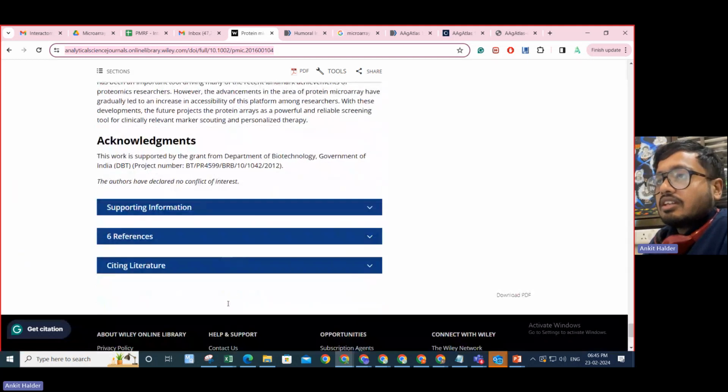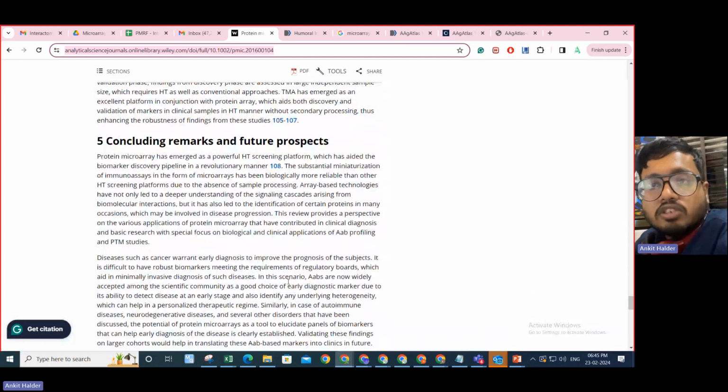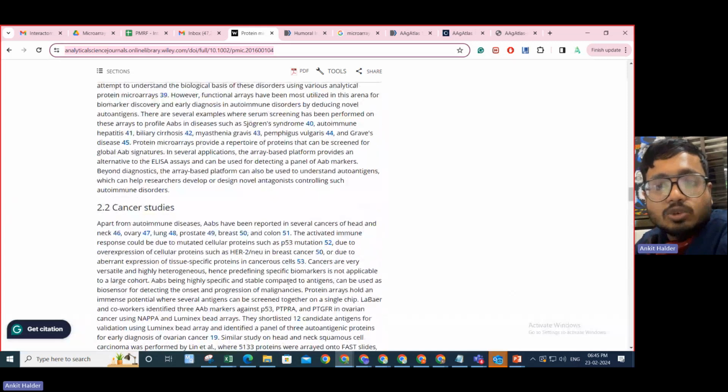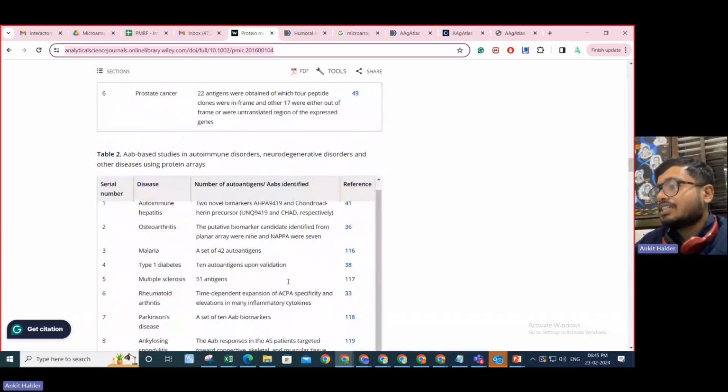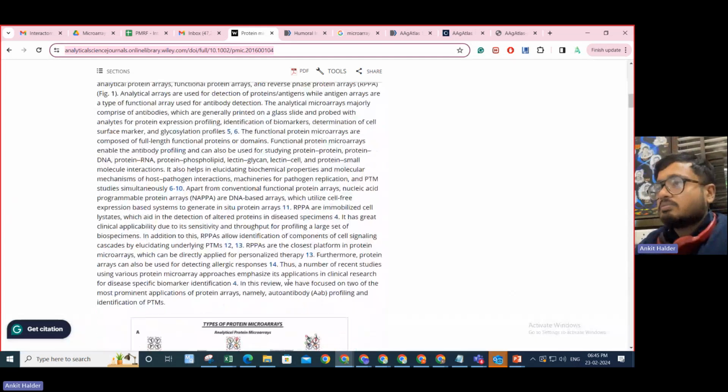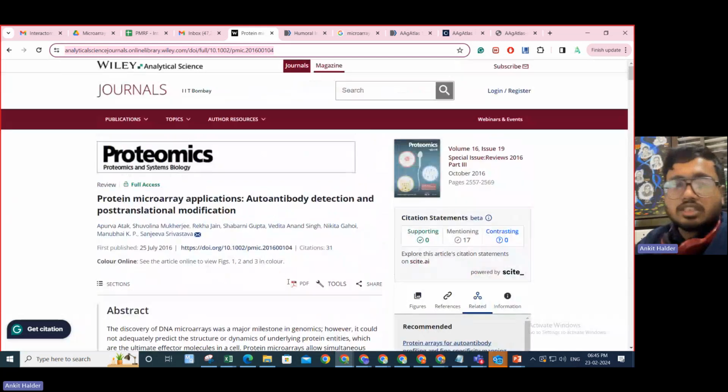This is a nice review article which has been published and which can lead you to the understanding and identification of all these particular things. So, any questions till here? No, right?